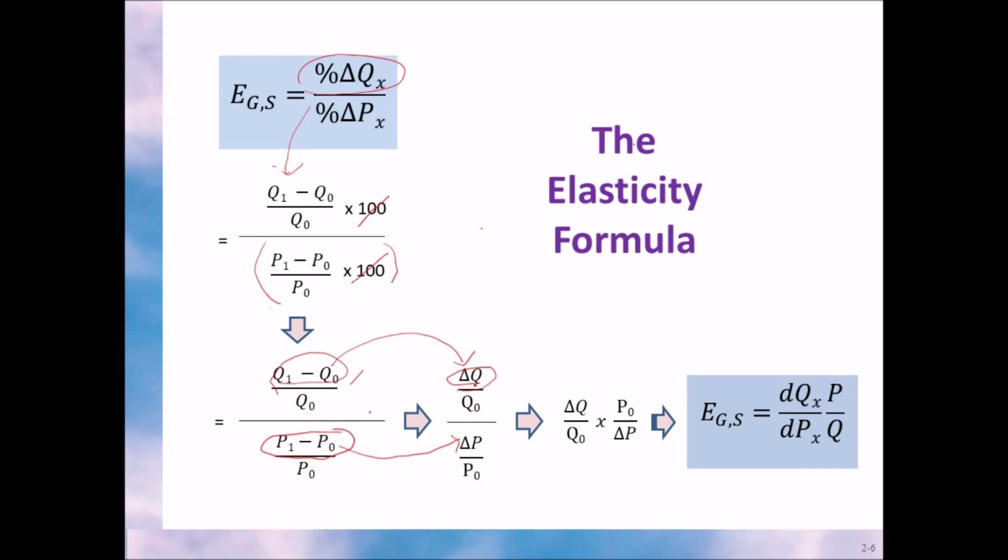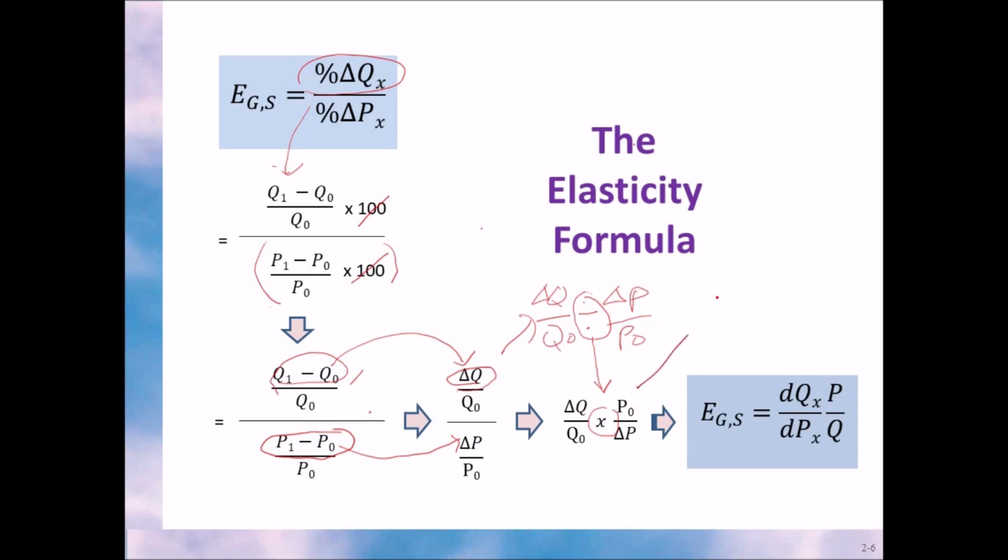So this one actually can be written as change in Q over Q0, divided by change in P over P0. If we change this sign into multiply, we will get change in Q over Q0 multiplied by P0 divided by change in P, in which we swap the numerator and denominator.